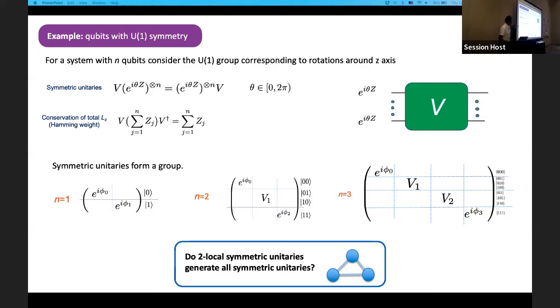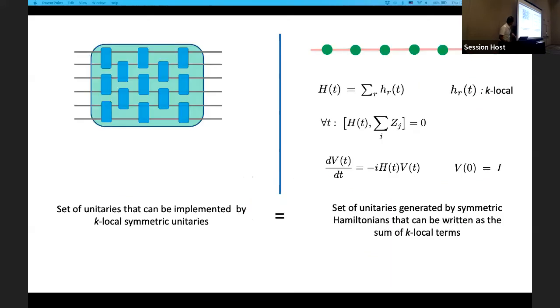Of course, this is just an example of U1, but you can easily generalize this definition and framework to an arbitrary group in exactly the same way. Now, I defined the problem in terms of quantum circuits and gates, but equivalently, you can phrase this question in terms of Hamiltonians. You can think about a general Hamiltonian that can be decomposed as a sum of k-local terms, with the property that it commutes with the sum of angular momentum in the Z direction, the sum of Paulis in the Z direction, and think about the unitaries that are generated by such Hamiltonians under the Schrödinger equation.